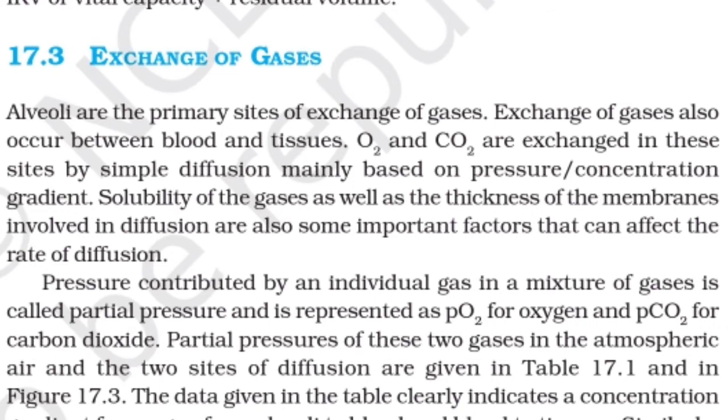Pressure contributed by an individual gas in a mixture of gases is called partial pressure and is represented as pO2 for oxygen and pCO2 for carbon dioxide. Partial pressure of these two gases in the atmospheric air and the two sites of diffusion are given in Table 17.1 and in Figure 17.3.